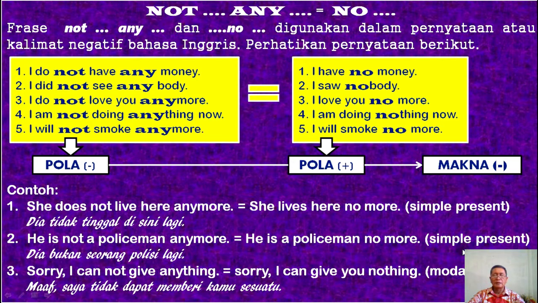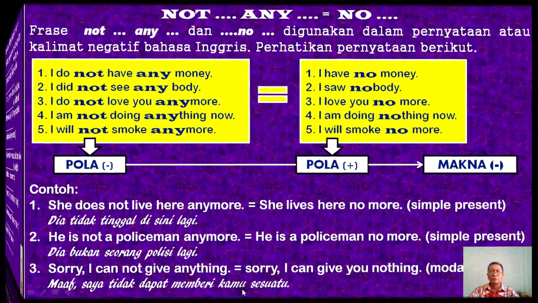Simple present. Maknanya dia bukan seorang polisi lagi. Nomor 3. Sorry, I cannot give you anything sama dengan sorry, I can give you nothing. Modal verb, maknanya maaf, saya tidak dapat memberi kamu sesuatu.